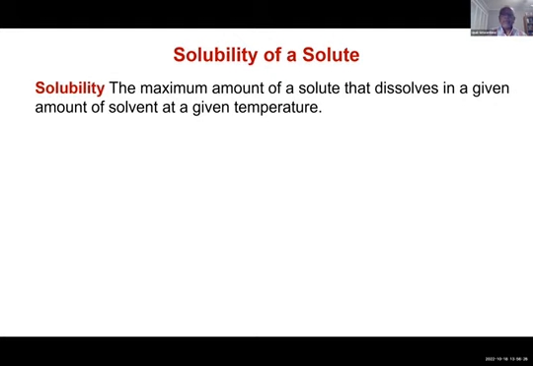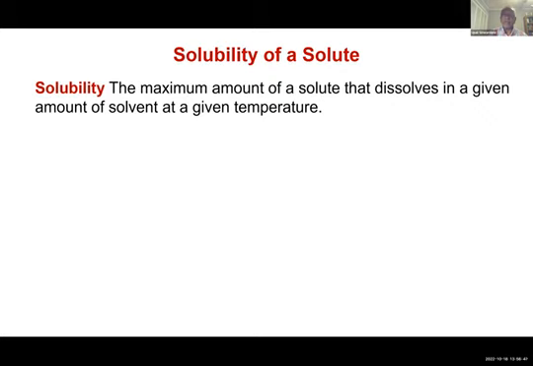Solubility is defined as the maximum amount of solute that dissolves in a given amount of solvent at a given temperature. There's a limit for each solute, how much solute could be put in a particular solvent.